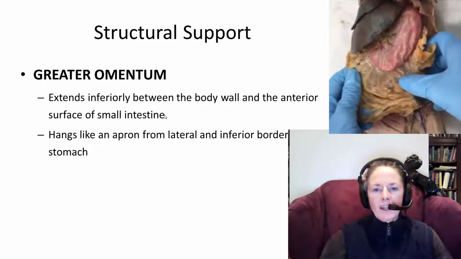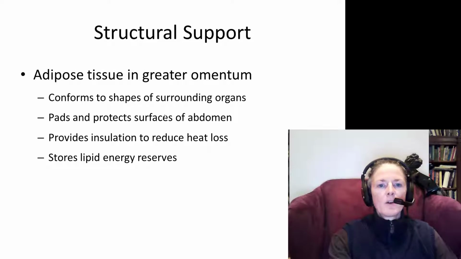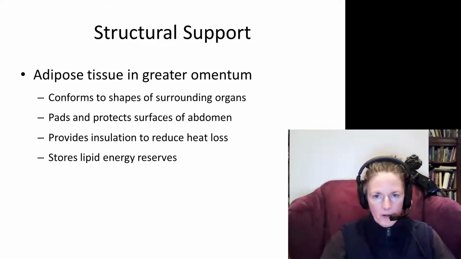Some people call it the fatty apron. Some people in my previous labs have called it the cheese skirt, because it kind of looks like that. And that's going to hang from the lateral and inferior borders of the stomach over the small intestines.